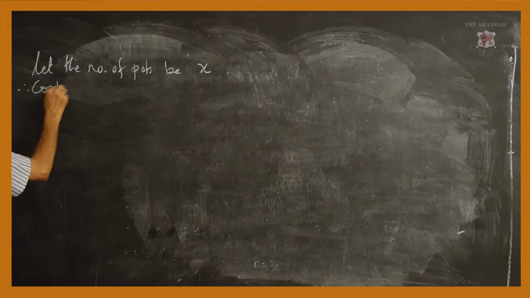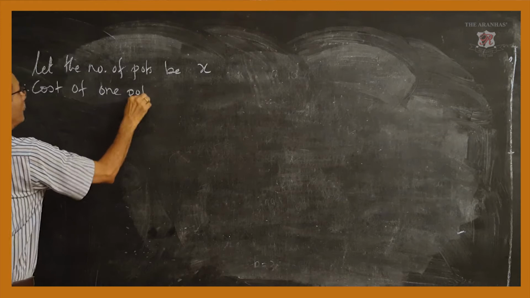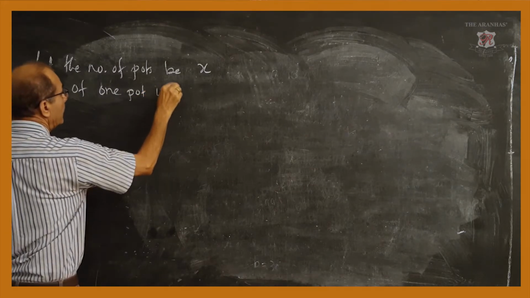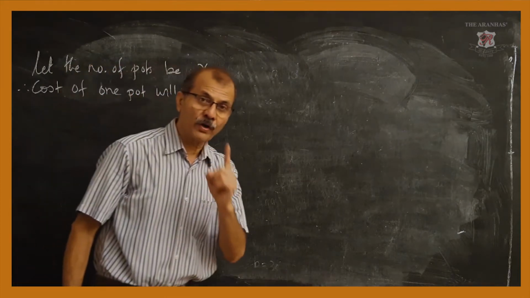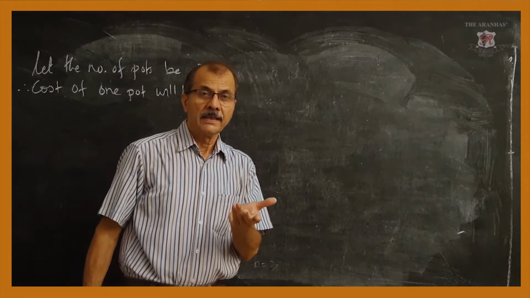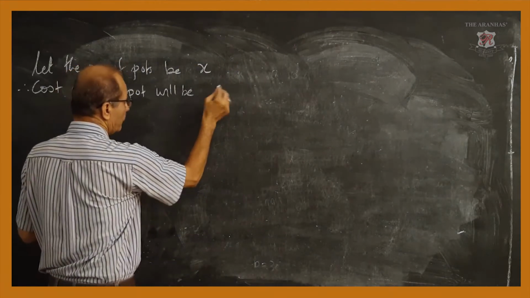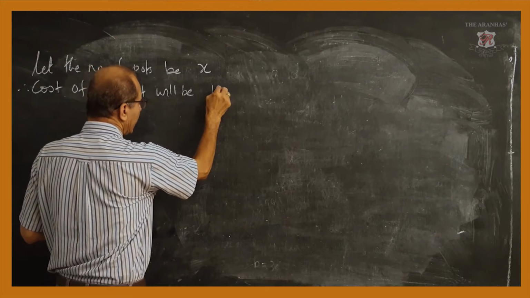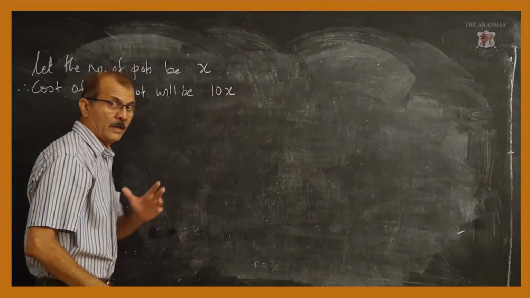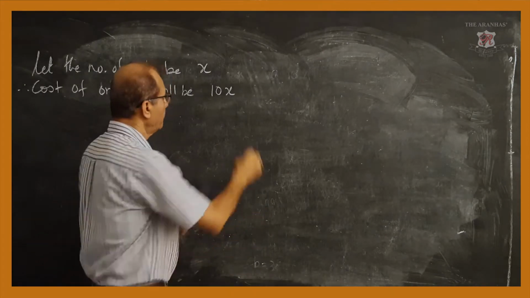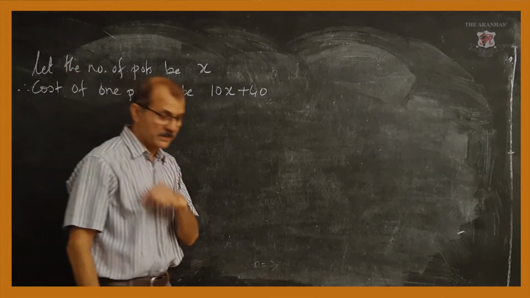Therefore, cost of one pot will be, now understand, rupees 40 more than 10 times the number of pots. So 10 times the number of pots means 10x. 40 more means plus 40. I hope this is clear to you.